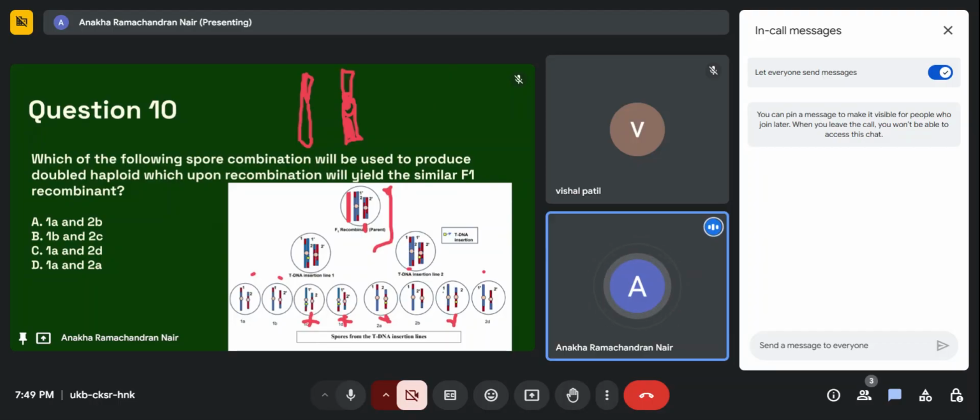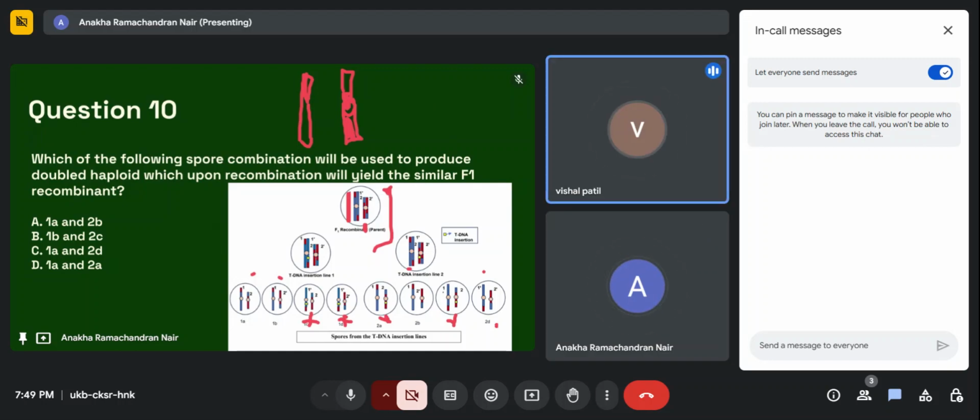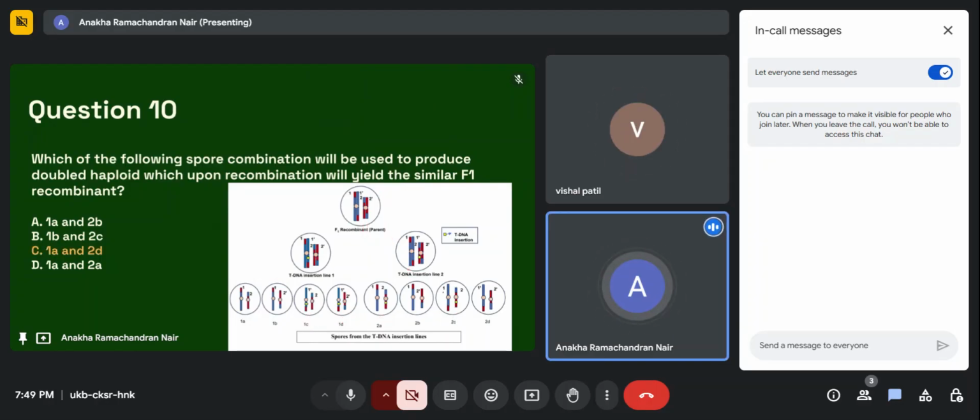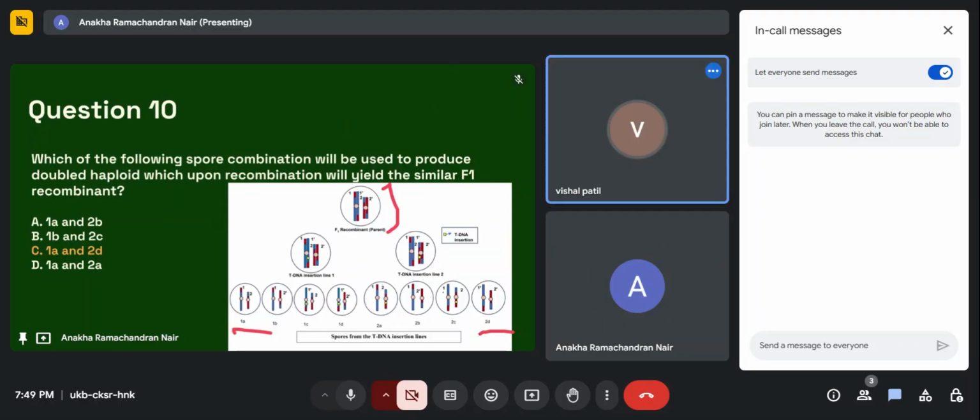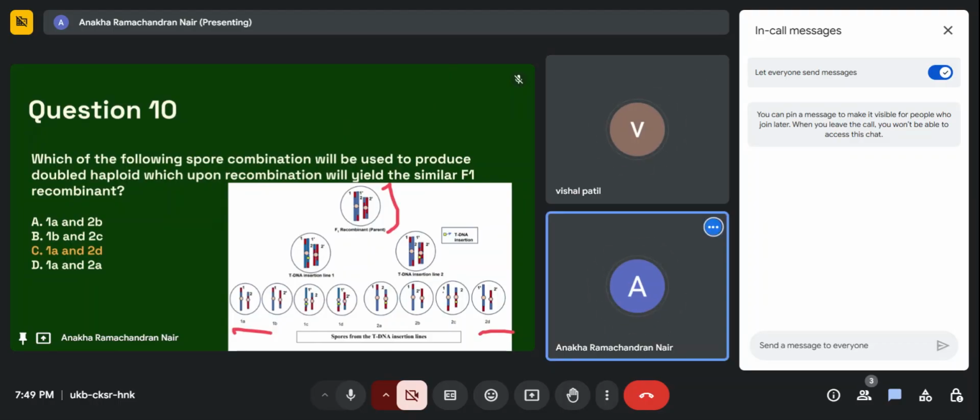So that is present in the F1 hybrid parent. And if you see option 1A, 2D. Yes. So the correct answer is 1A, 2D, right? So if you cross 1A and 2D, you will end up with this recombinant, right? Yeah. So that is the correct answer.